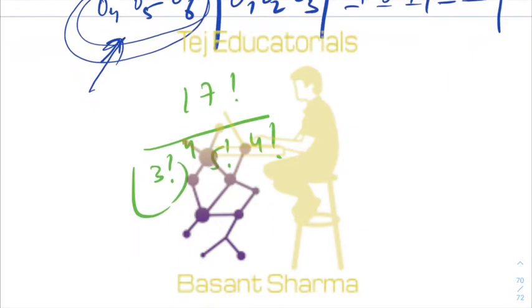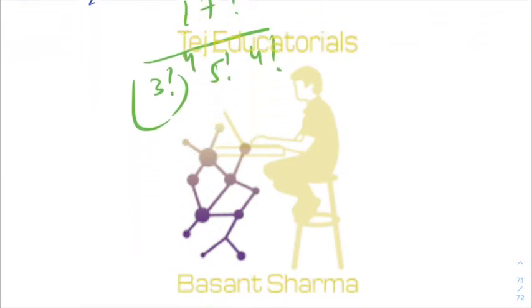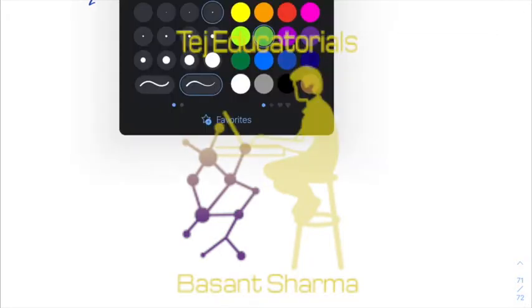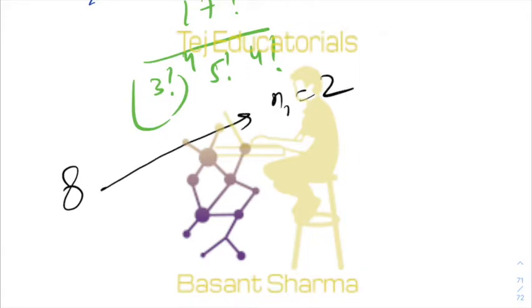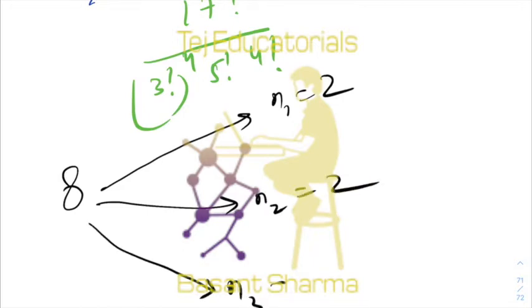This was the general case. Now let's take a specific example. Suppose you have 8 different objects, and suppose you divide them into a first group of size 2, a second group of size 2, and a group of size 4.